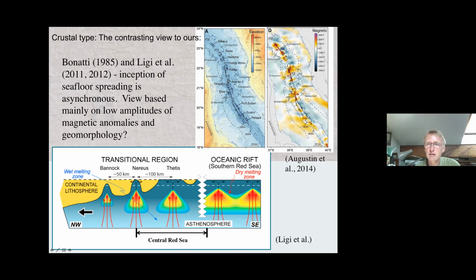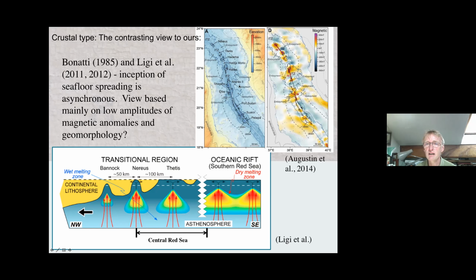If you dredge these areas and take photographs, they have basaltic lavas, and their compositions are like mid-ocean ridge basalts, and these areas have high magnetic anomalies. You can't see them in here, but you can identify in some of them the reversals that you would expect from seafloor spreading. So there's no controversy that there is likely oceanic crust now in these areas.